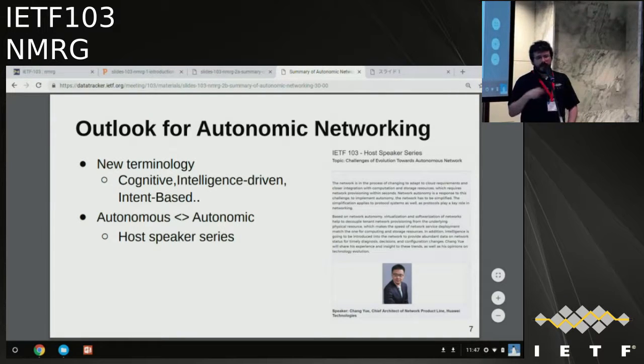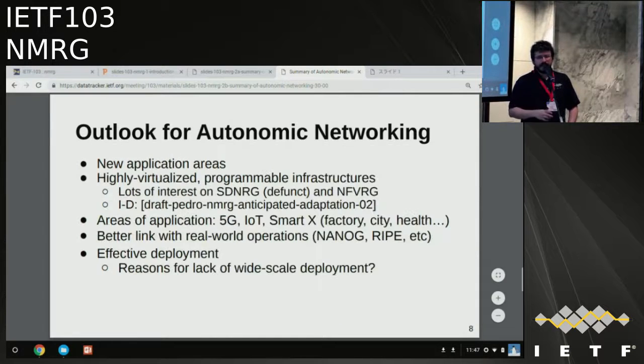For example, programmable infrastructures like SDN and NFV. There are new areas of application like 5G, IoT, and Smart X. And also, and I think this is an important thing, it's needed to have a better link with operations communities like RIPE, NOGs, and others.